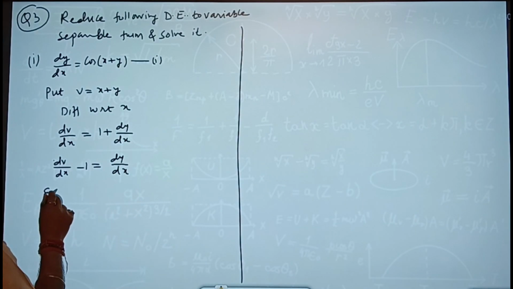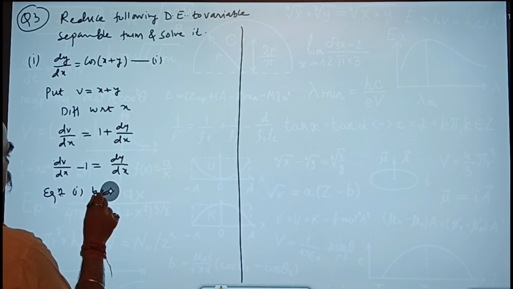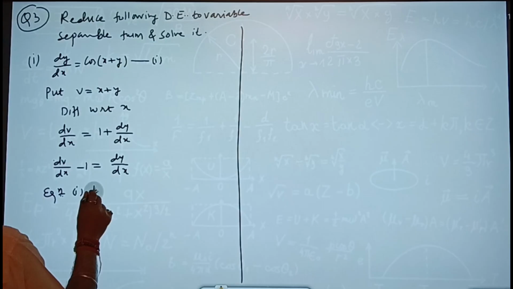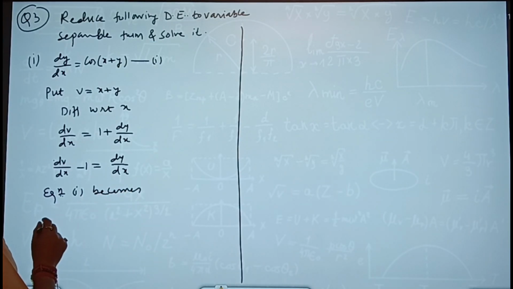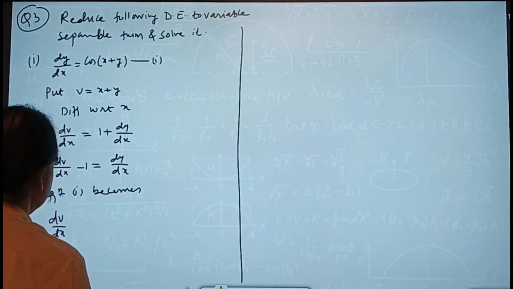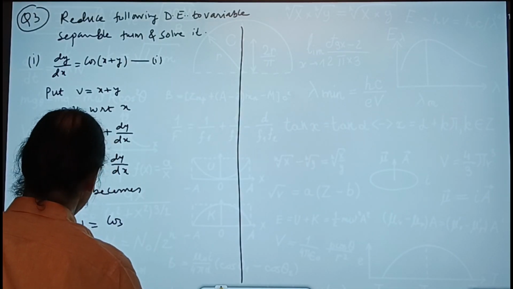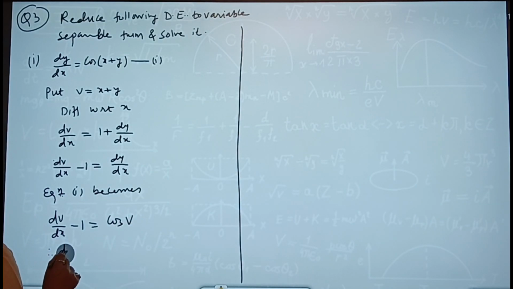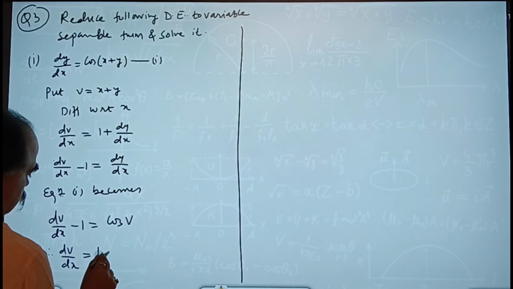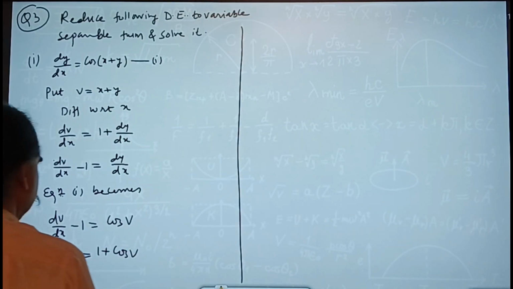Therefore, equation 1 becomes dv by dx minus 1 is equal to cos v. dv by dx is what? 1 plus cos v. Now we can separate variable.